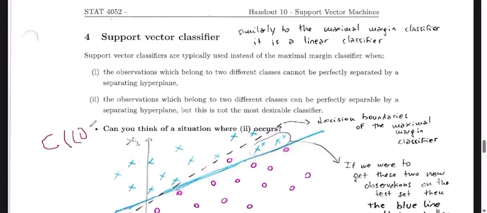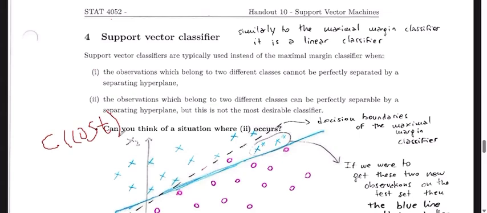Now don't forget, we are tolerating mistakes, we are tolerating misclassification. Then we need to have a control. We are going to control the trade-off between maximizing the margin and minimizing the classification error. In the maximum margin classifier, we didn't talk about classification error because we didn't tolerate any of that.